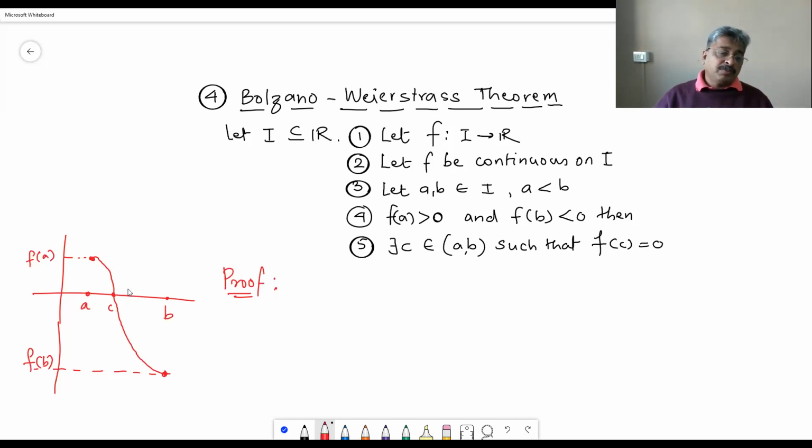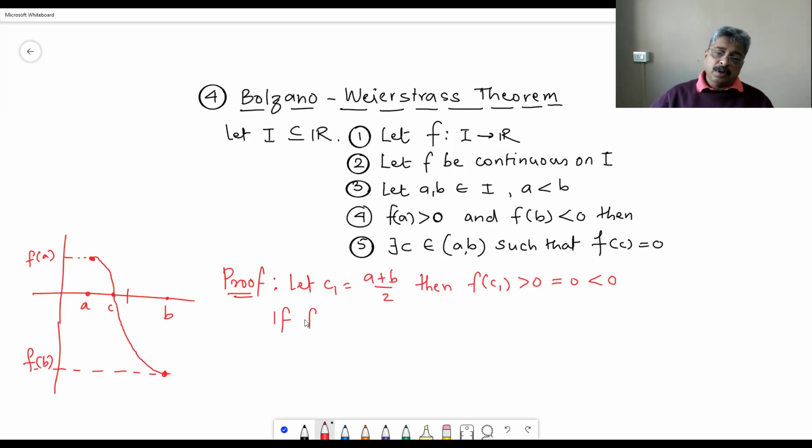So what we do is we take the bisection. Let C1 equal to (a plus b) by 2. Then f of C1 is greater than 0 or equal to 0, or it will be less than 0.